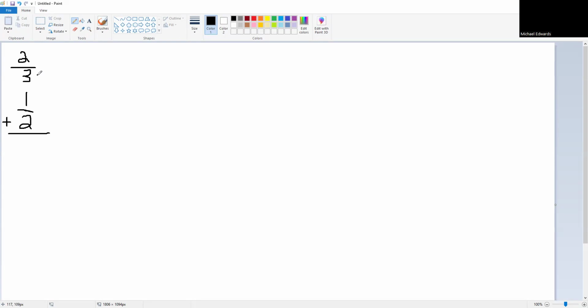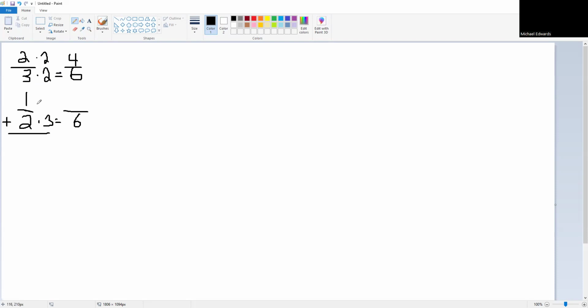Now, how did we get there? Well, here we did 3 times 2 equals 6. And this one would be 2 times 3 equals 6. And what we do to the bottom one, we have to do to the top.